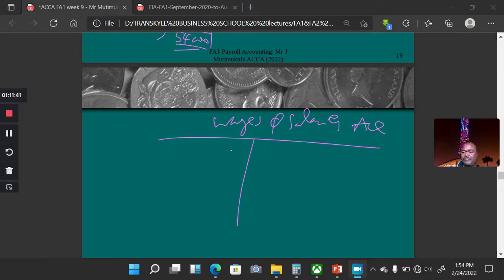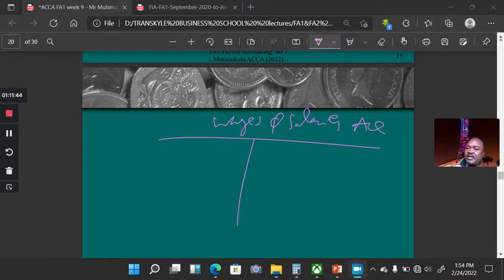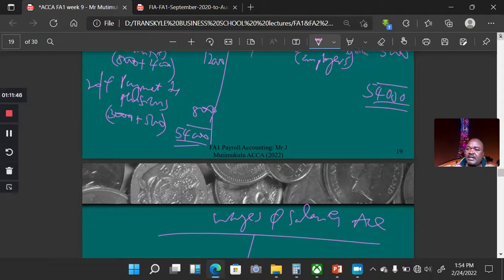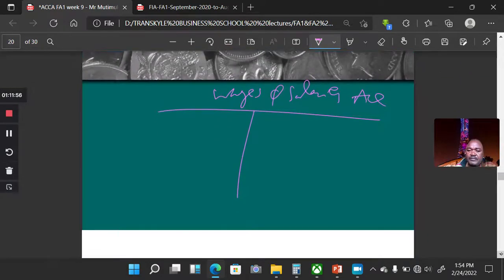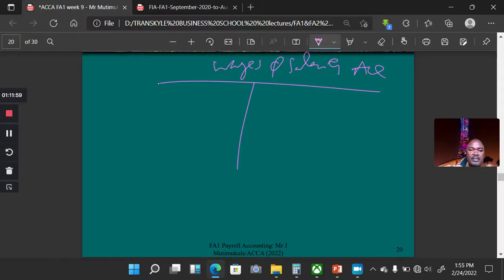Now this one is actually the mirror of the ledger account. It is increased by debiting. That's the expense account itself. So we are saying now that we have to debit it to increase it.